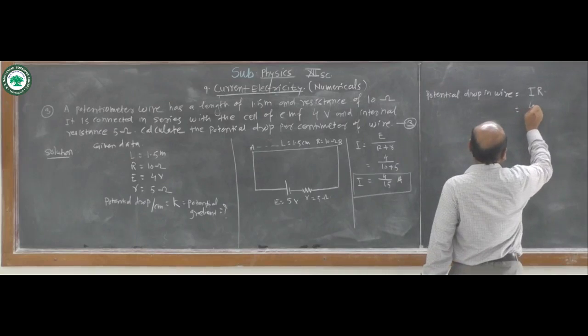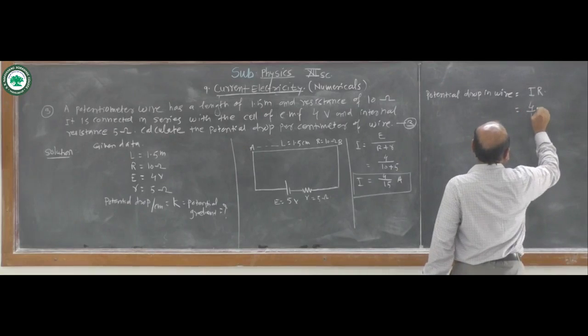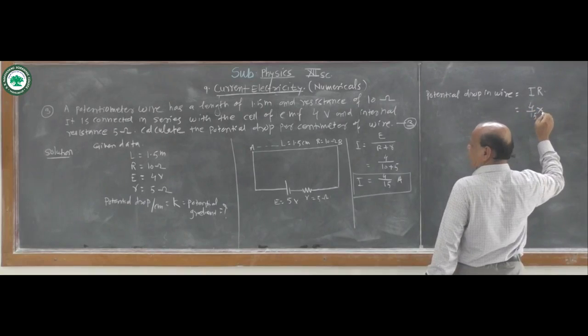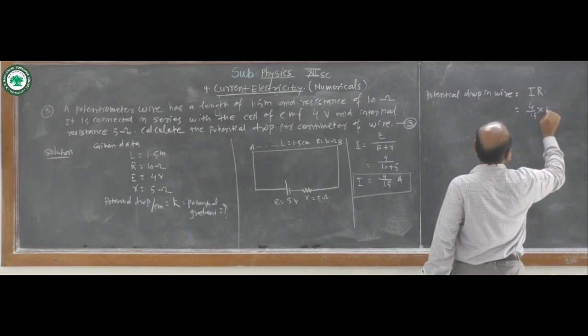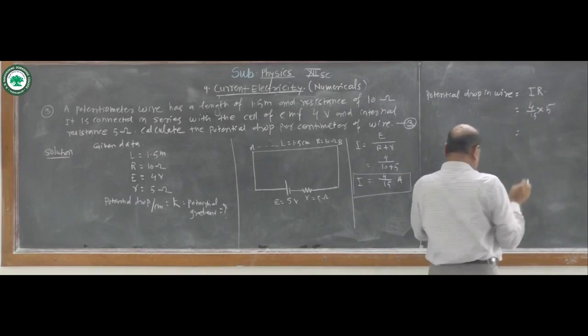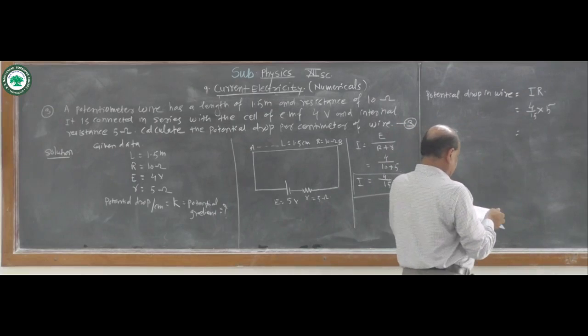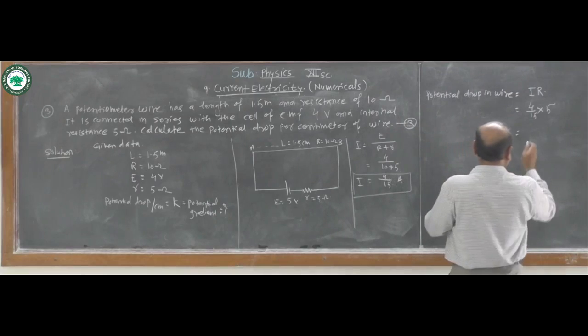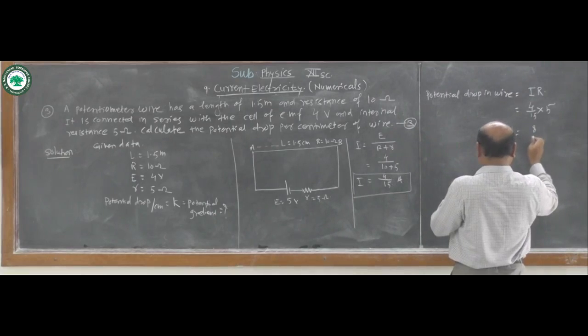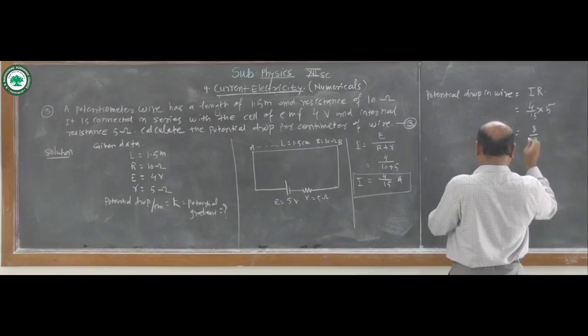Current is 4 by 15 into resistance 10. After calculation, that value comes to be 8 divided by 3.